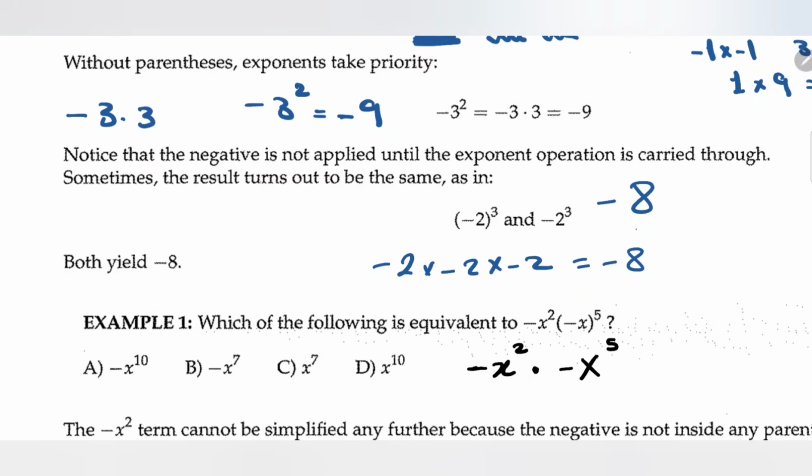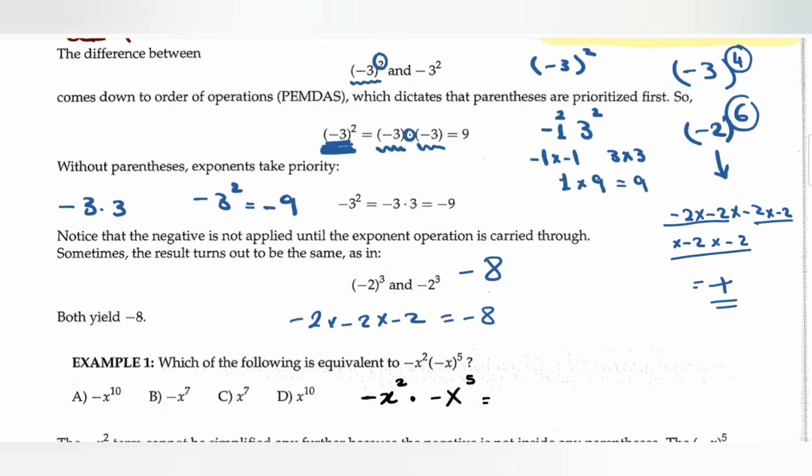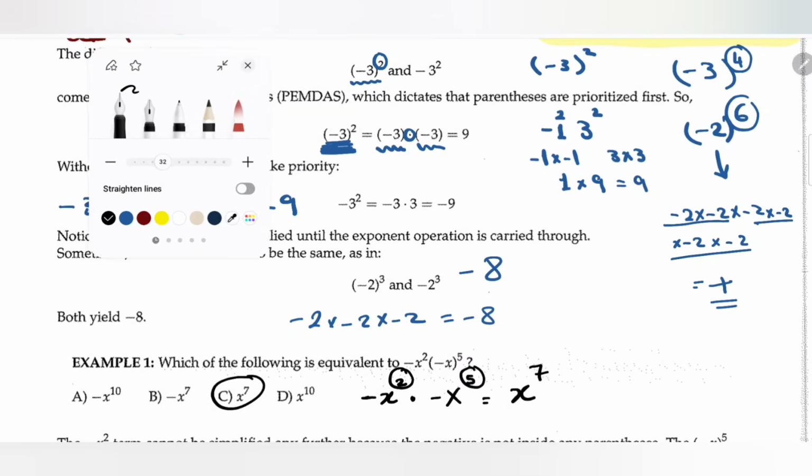Oh, so now let's multiply. So negative multiply negative, it will be positive. And x, keep it. Add 2 and 5. So it will be 7. So the answer is C, x to the power 7. So you know the rule. Let's take a note. It's important.